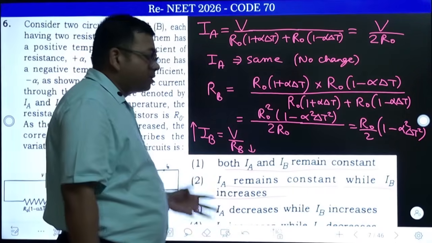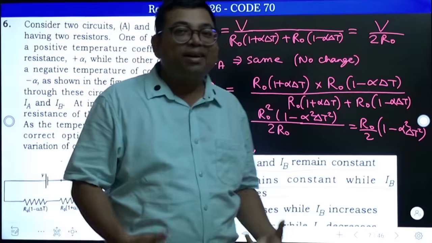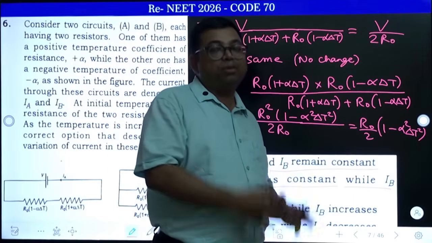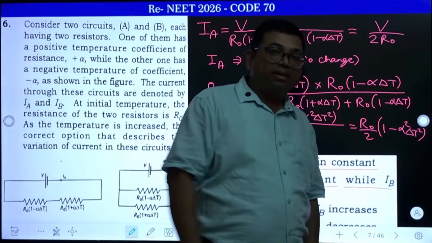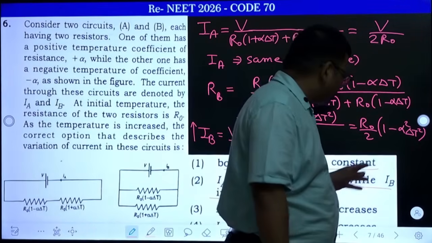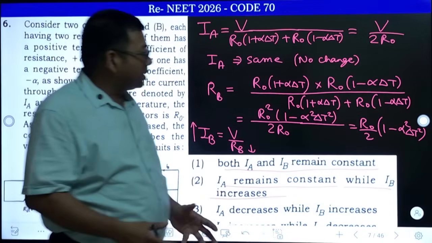Now it depends on what we should take. There will be a confusion because we have seen questions in thermal physics where we do this approximation. Alpha square terms we neglect, even in JEE or any other place. But now the best option will be what? We need to choose the best option.